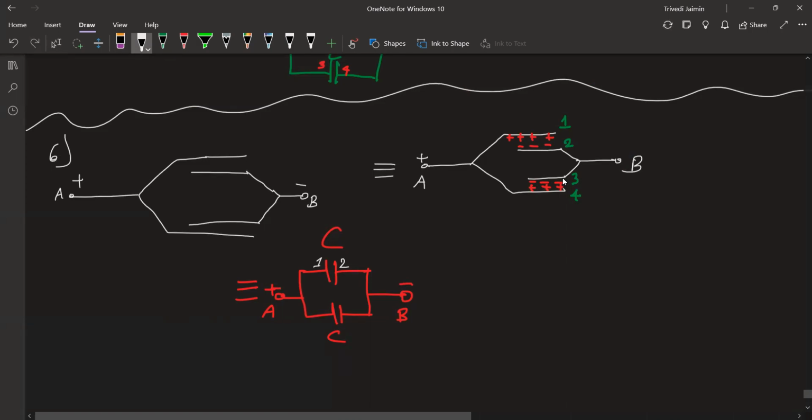And this one, left side 4, sir. Right side, yes, perfect. Left side 4, right side 3. So C equivalent equals C plus C, which equals 2C. And how I gave this number, see, they are connected that way. 1 and 4 are connected. So 1 and 4 are connected here.